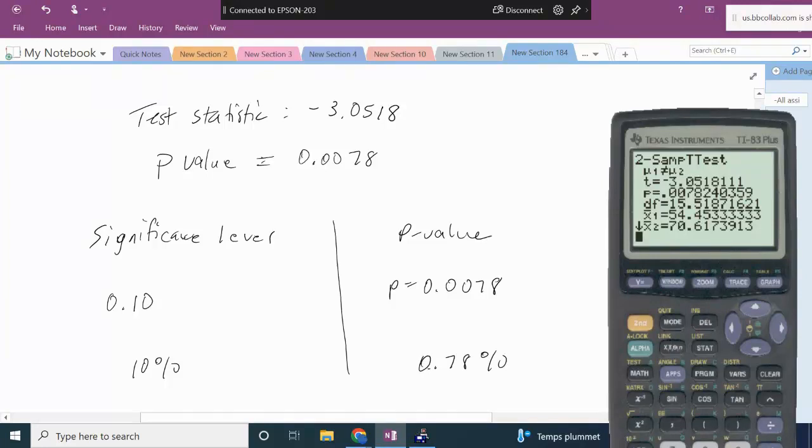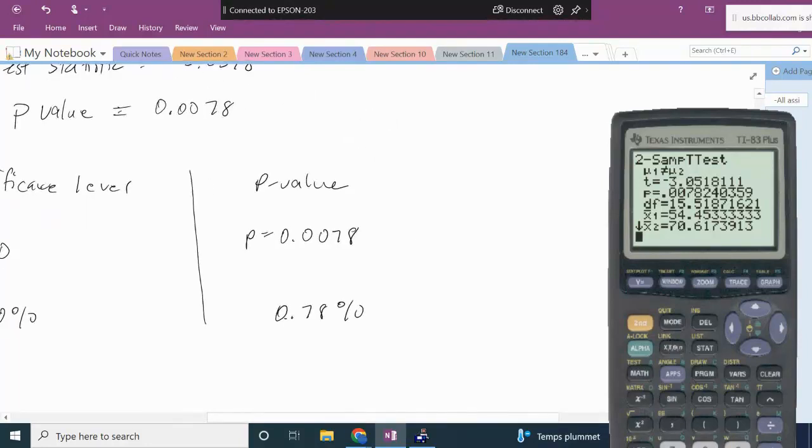So which one is bigger, the significance level or the p-value? Well, it's going to be the significance level, right? Because 10% is bigger than 0.78%. So that means that we have a low p-value.